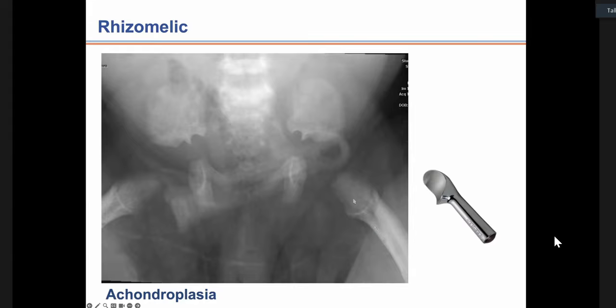It's because of the sloping metaphyses on both sides. There are other features. They have a horizontal acetabulum and it's trident. They have a lateral spur, an intermediate spur, and a medial spur, giving you a trident acetabulum. They have a very short sacrosciatic notch.